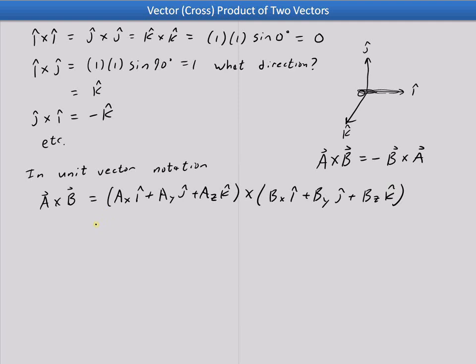Okay, and that's going to give us a bunch of terms. It's going to give us 9 terms. We did this before with the dot product, and we got 9 terms, and it's going to happen again. But we're just going to do this once so we can figure out what the general rule is.